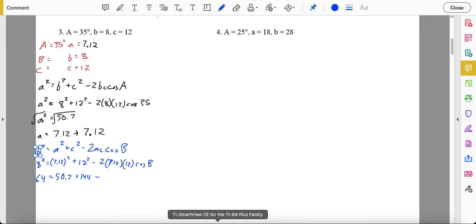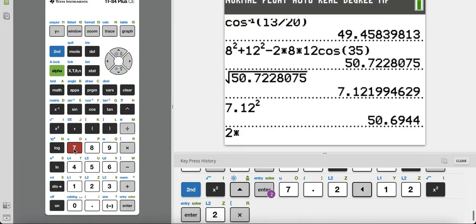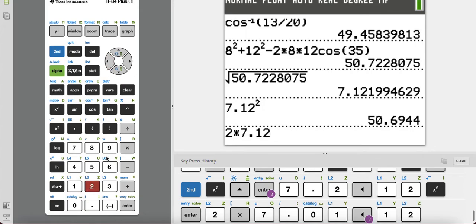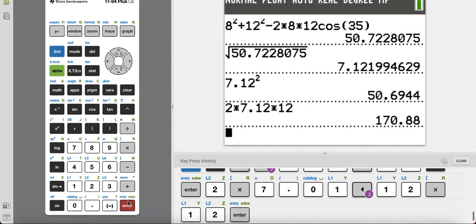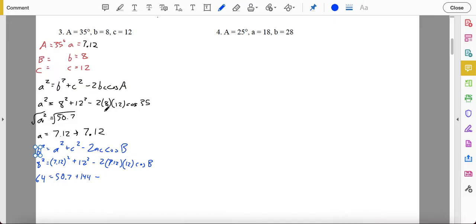Calculating, 2 times 7.12 times 12 is 170.88, times the cosine of B. We combine the 50.7 and 144 to get 194.7.